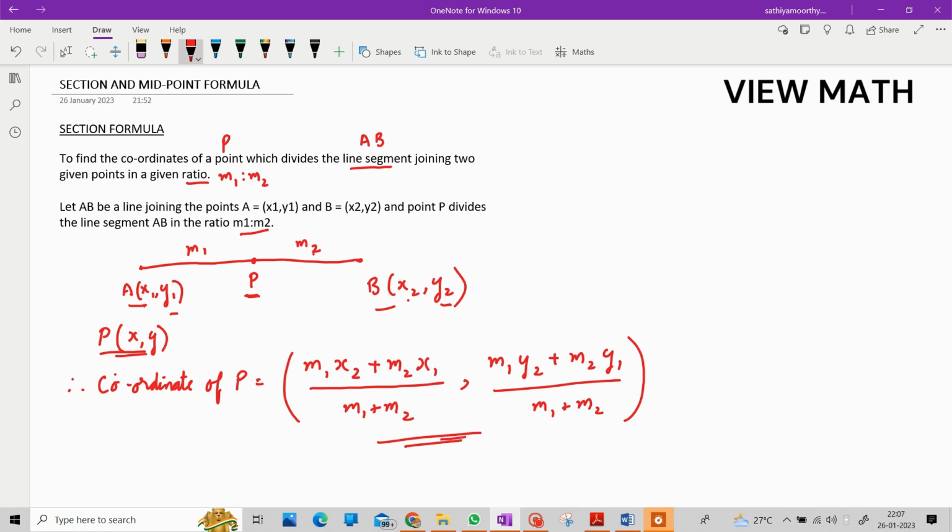If we know the section formula, we can do the coming exercise, and this is a very simple exercise. With this one formula we can do the whole exercise and it will be very easy to score marks in the section and midpoint formula chapter. So let's pass on to the exercise now.